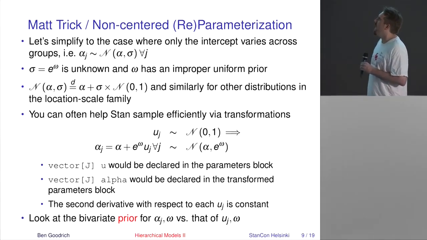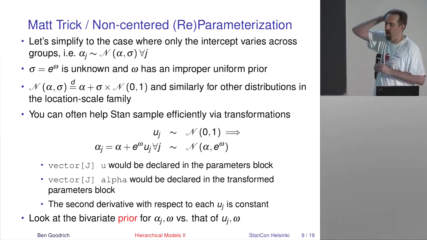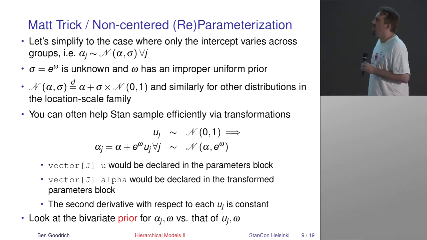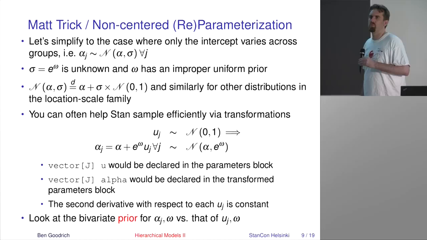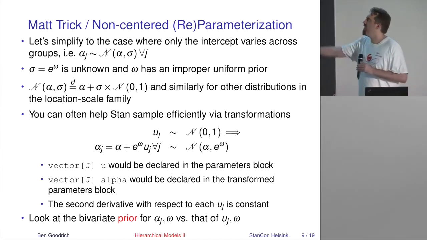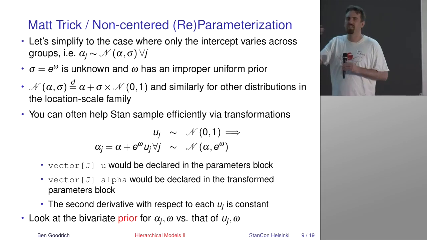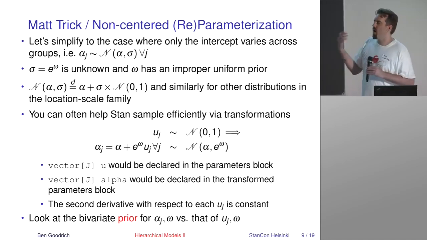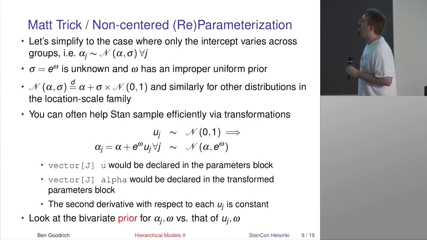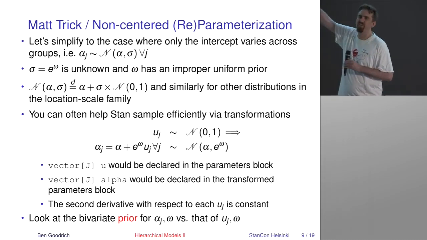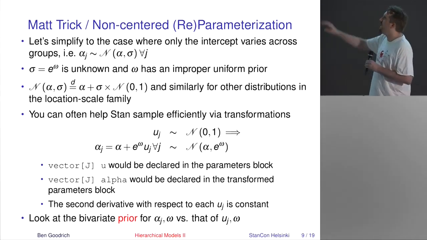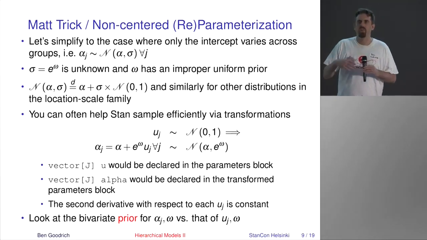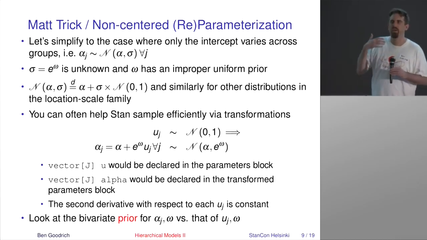and base your conclusions of your study on the more efficient one. And so you'll often see something like this in Stan programs with this transformation, where we have something, let's say, like U, a vector of which we will declare in the parameters block. And then when it comes to the model block, we'll put a standard normal prior on U. And then you'll see in the transformed parameters block, or maybe in the model block, this scaling and shifting going on in order to create the alpha j's, which in this case is the thing that we really want to interpret, the school-specific or the group-specific intercepts.